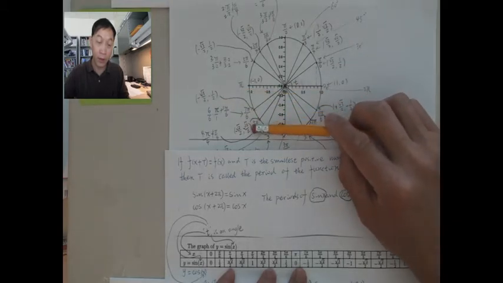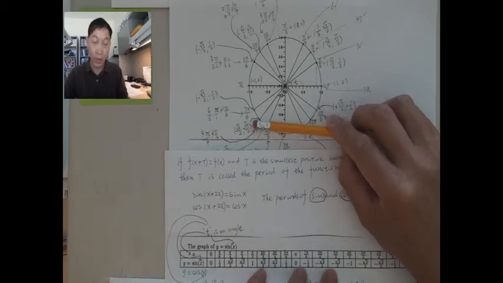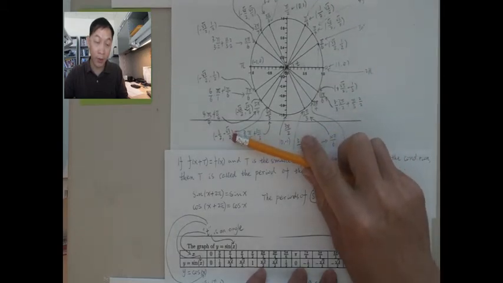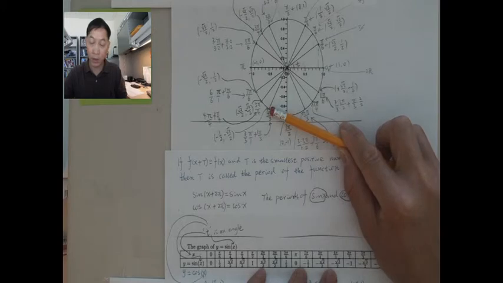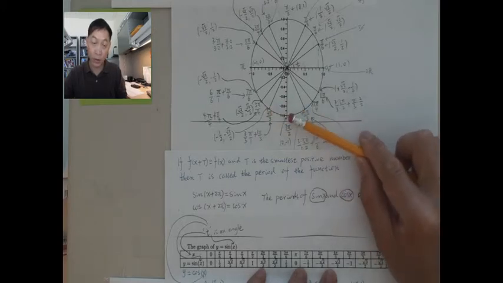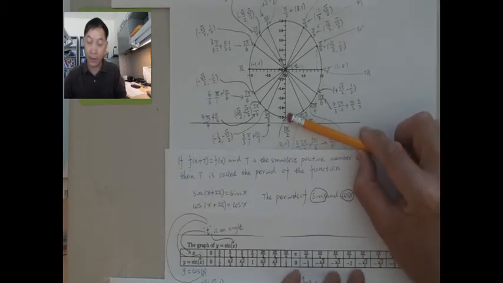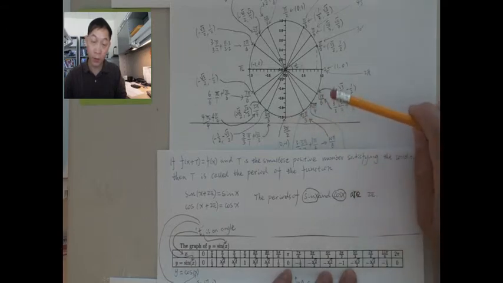And then y coordinate, this point is -2 over 2. And then this y coordinate is radical 3 over 2. You see, longer. Yeah, in the negative direction. And this point, 0, -1. Y coordinate is -1.